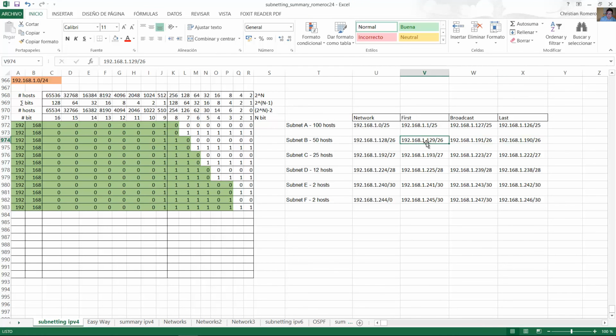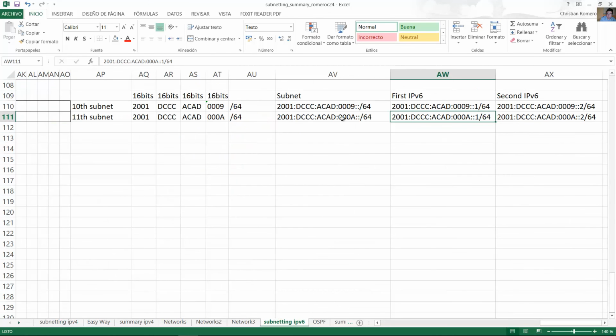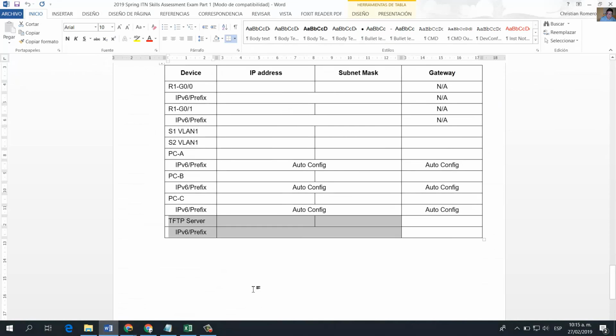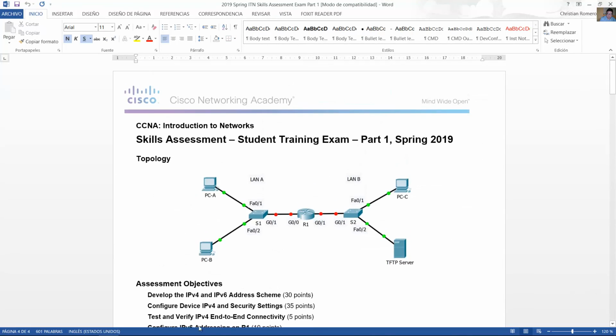So the server should be 192.168.1. If 129 is the first, the second is 130. Okay, so the server will be 130. And using IPv6, the server will use on the second subnet, the 11th subnet, LAN B, the second IPv6, this A264. Okay, thank you very much.